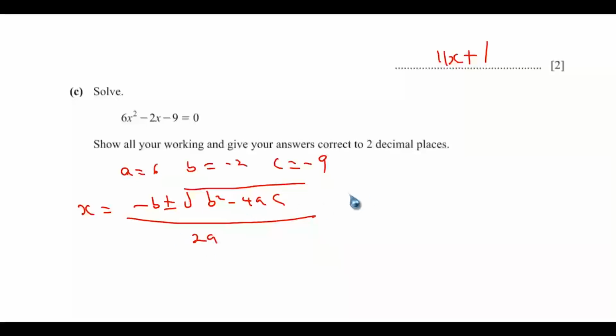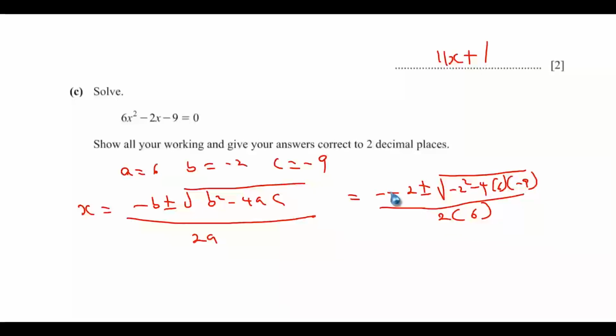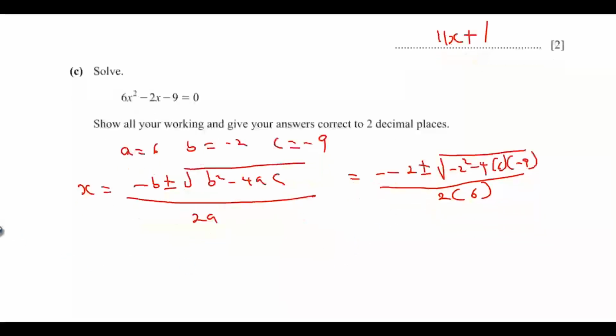So this is the quadratic formula, and that will be equal to minus b, which is minus negative 2, plus or minus square root of, so let's key in the values, negative 2 squared minus 4 into 6 into negative 9, that is 4ac, everything over 2a, that is 2 into 6, as a is equal to 6. So this and this will combine together to become positive. Let's scroll down a little bit.